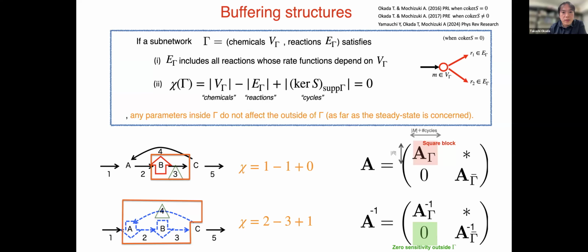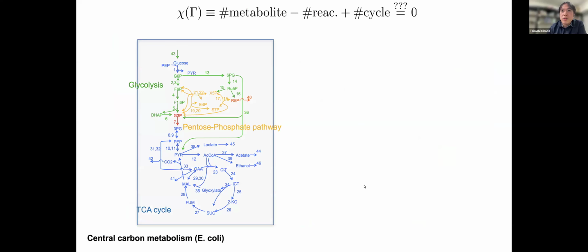Okay, and I'd like to show some more examples in a slightly larger network. This is the central carbon metabolism of E. coli bacteria, where glucose is taken from the outside and decomposed into smaller chemical species.